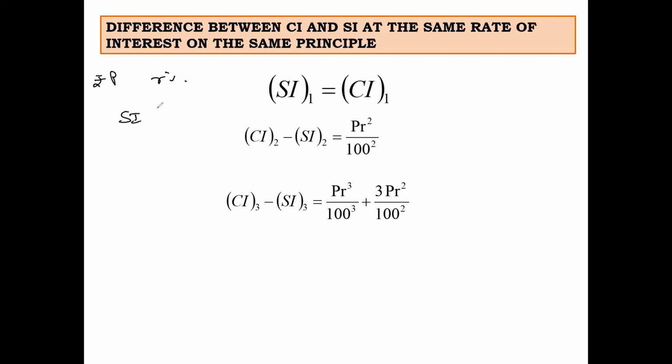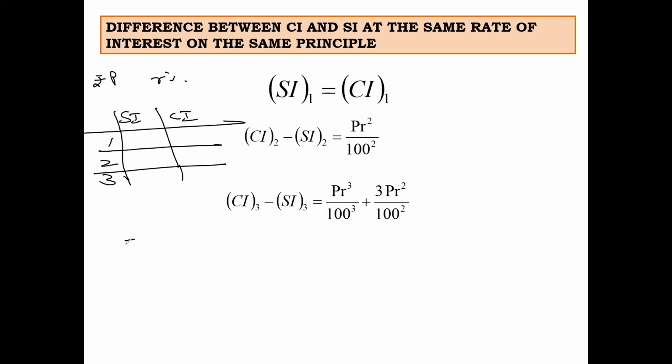So SI and CI for year 1, year 2, year 3, and so on. These are the numbers that we are trying to figure out. To make things easier, we can take the principal as 10,000 rupees and the rate as 10%.